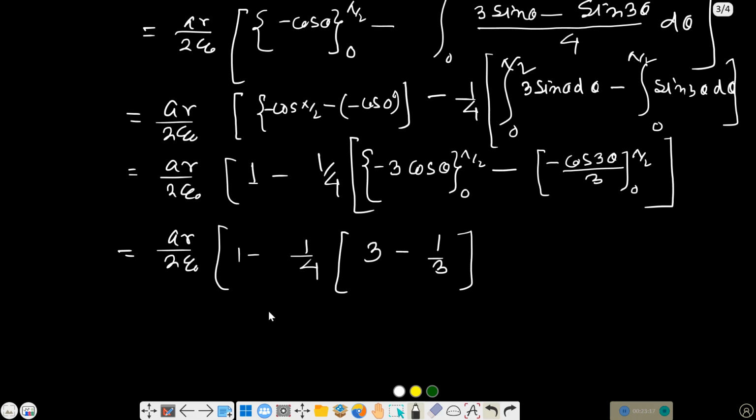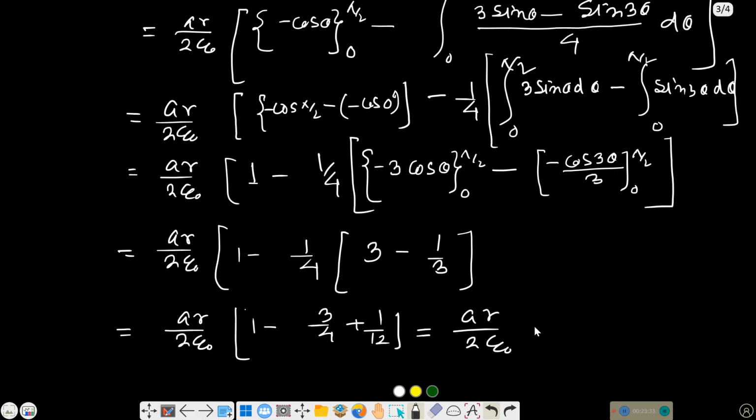So this will give you AR by 2 epsilon naught 1 minus 3 by 4 plus 1 by 12. This will be equal to AR by 2 epsilon naught times 1 by 3. So you are getting AR by 6 epsilon naught.